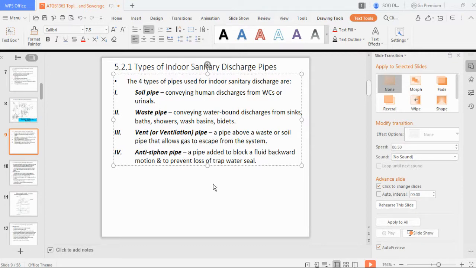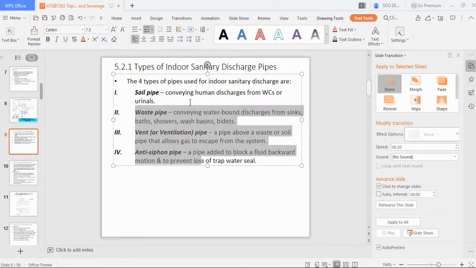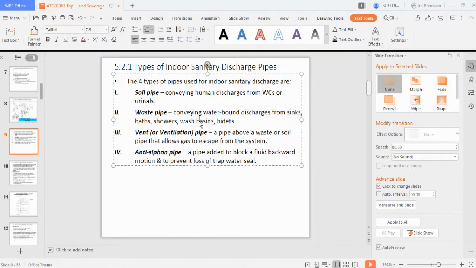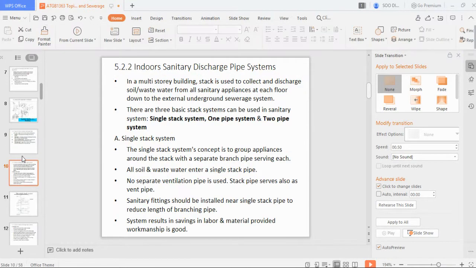You will not be able to find most of the building services in your house, so you can assume, get the picture from the internet, and then just state their function. Okay, so this is the basic system for your sanitary.